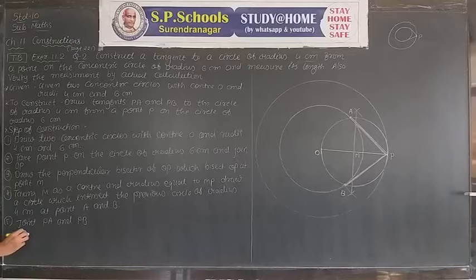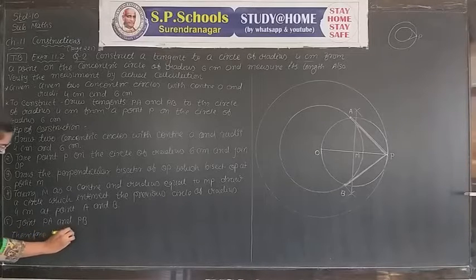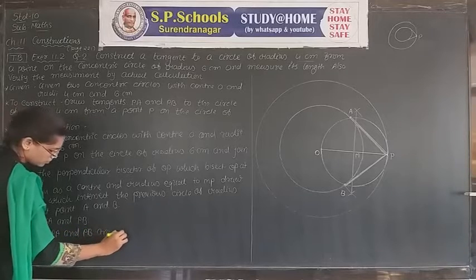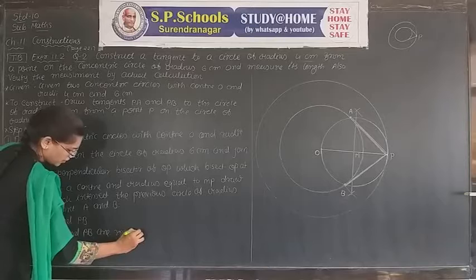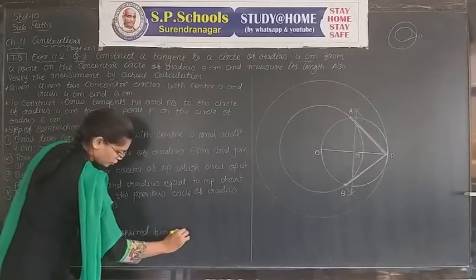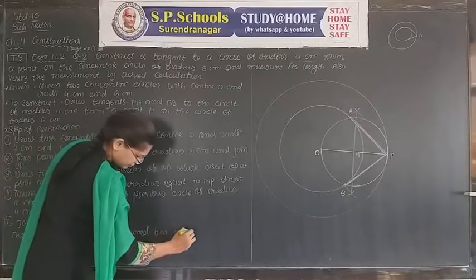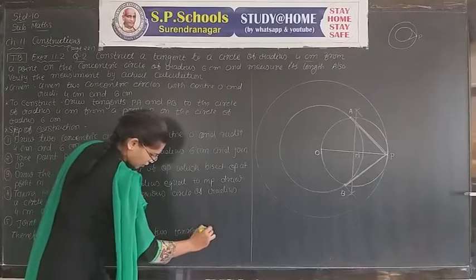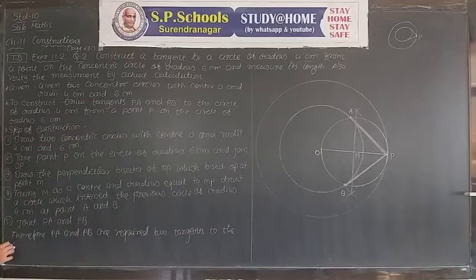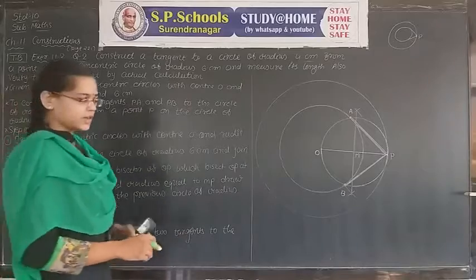Therefore, PA and PB are the required two tangents to the circle. Hence, the steps of construction are completed.